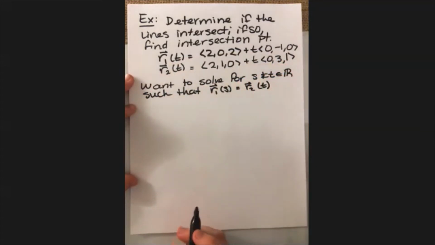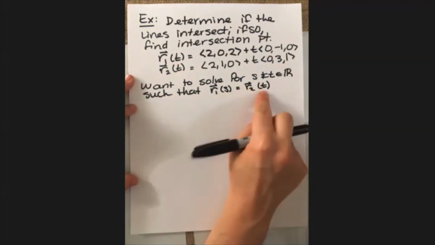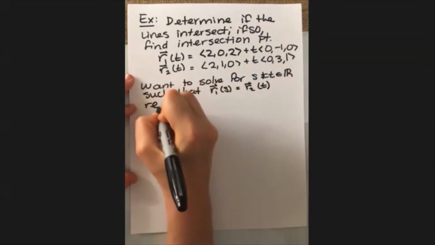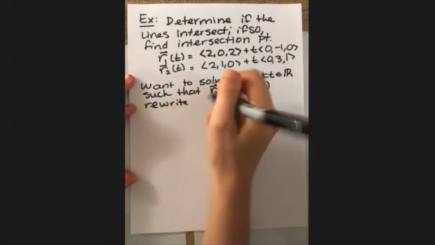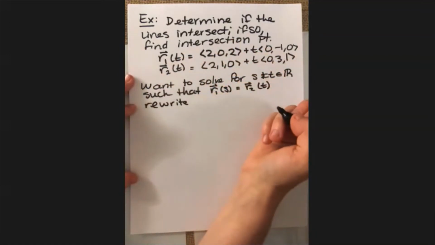Now, unlike solving for the intersection point of a regular function, note that we actually don't want these two inputs to necessarily be the same. We're going to take s for one of them and t for the other. And we're actually going to rewrite these two so we can actually just compare their components directly, because that's how we tell whether or not 2 points are equal.